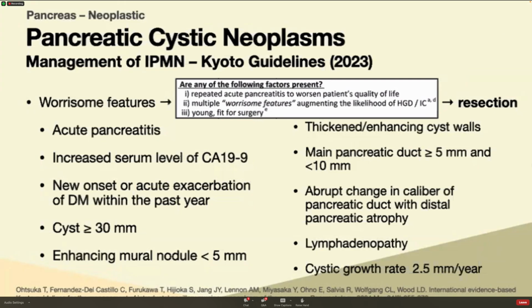So these are the worrisome features, which is almost the same as in the revised Fukuoka guidelines.